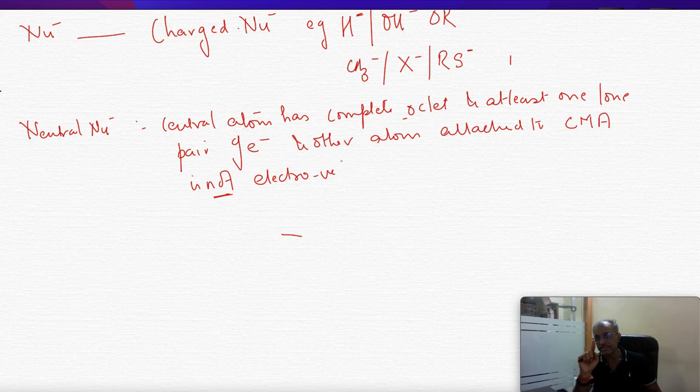And the other atom attached to the central metal atom, CMA, is not electronegative; make a point, it should be electropositive, that means electron donating. Central metal atom has a complete octet and at least one lone pair of electrons, and the other atom attached to it is not electronegative. Right? Now we'll take an example of this case.